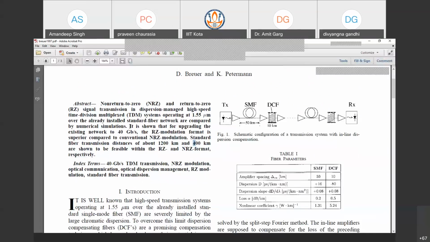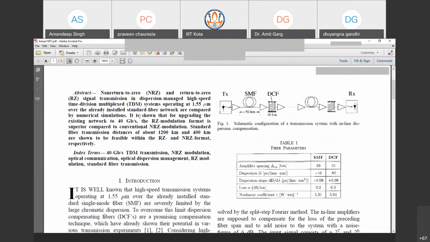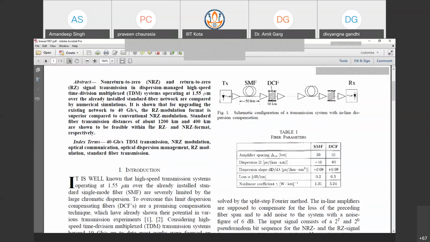The phenomena is same, whereas in this, the non-return to zero and return to zero signal transmission in dispersion managed high-speed time division multiplexed system operating at 1.55 microns over the already installed standard fiber network are compared by numerical simulations. It is shown that for upgrading the existing network to 40 Gb per second, the RZ modulation format is superior compared to conventional NRZ modulation. Standard fiber transmission distance of about 1200 kilometers and 400 kilometers are shown to be feasible with the RZ and NRZ formats.